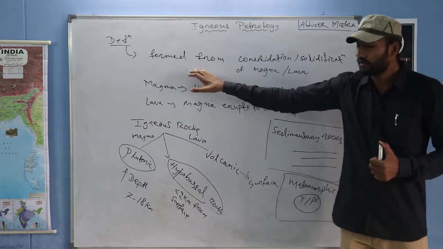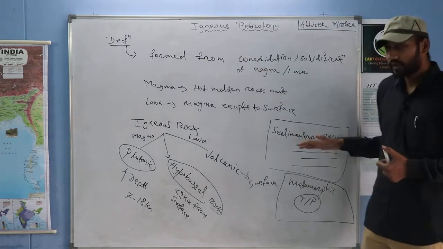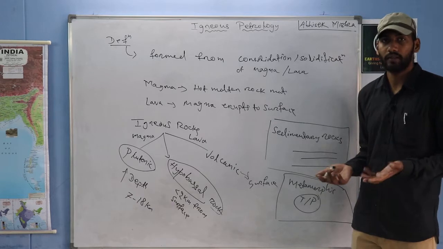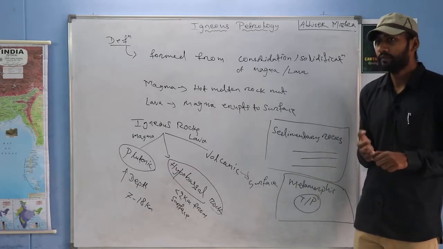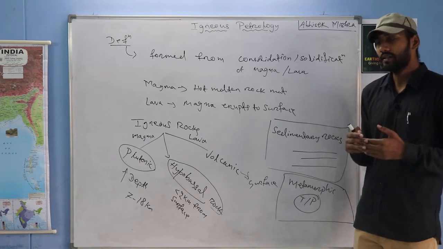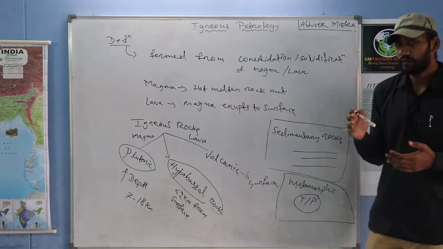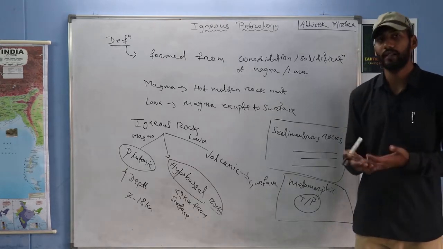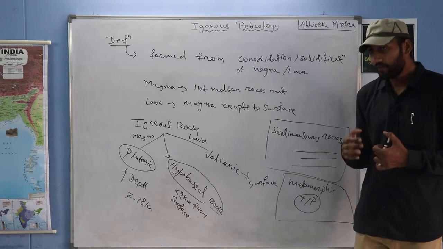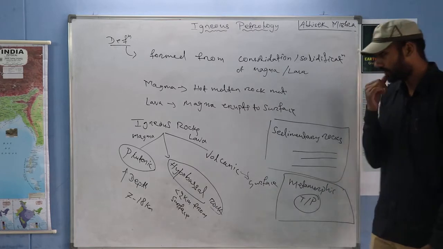Igneous rocks are also forming at certain temperature and pressure condition. Sedimentary rocks are also forming in surface condition, which also means certain temperature and pressure condition. So when that temperature and pressure condition is changed for that rock, okay, that rock will undergo some changes. It will modify its mineral assemblages, thereby forming a new rock type that is known as metamorphic rock.